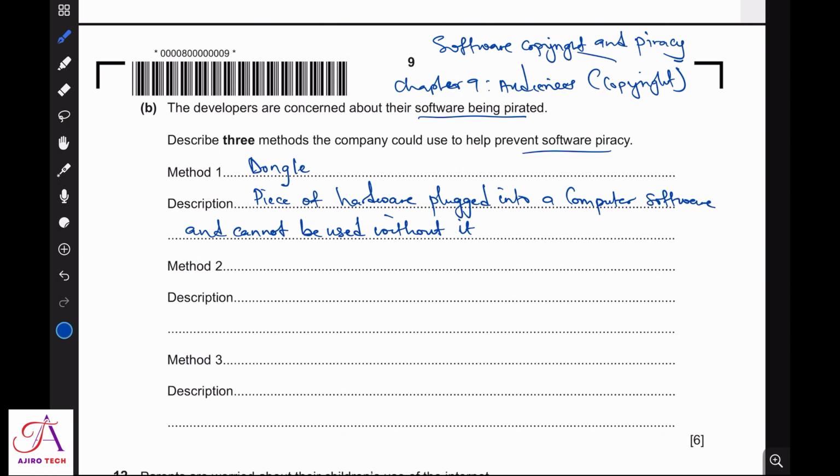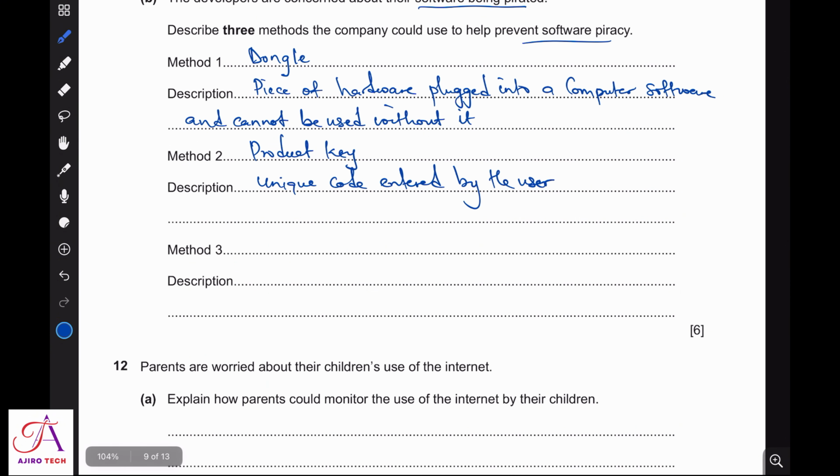The next one is the product key. A product key is a unique code that is entered by the user. So every product has a product key. So it's unique to every person. Okay.